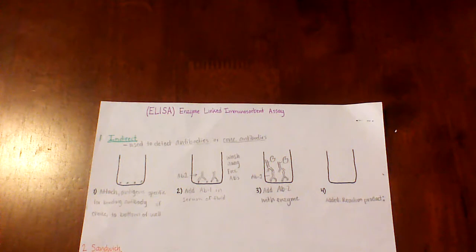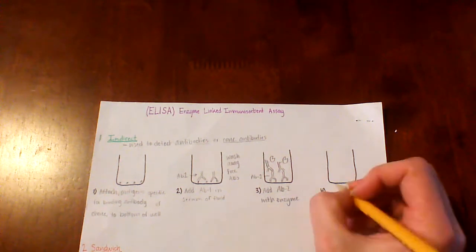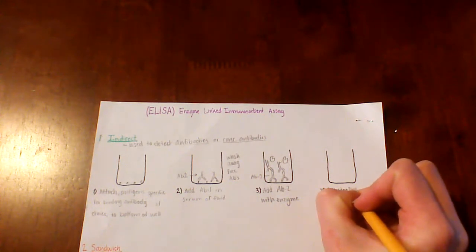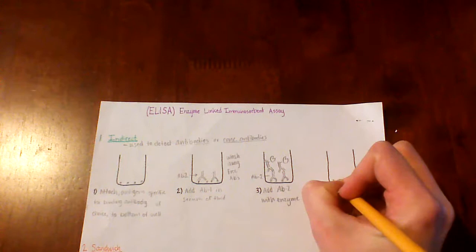So for step 4, a substrate that is specific to that enzyme is added. I'll draw that.